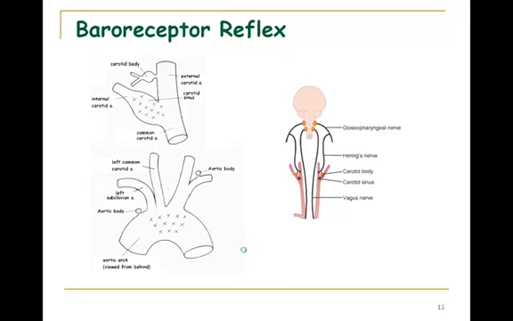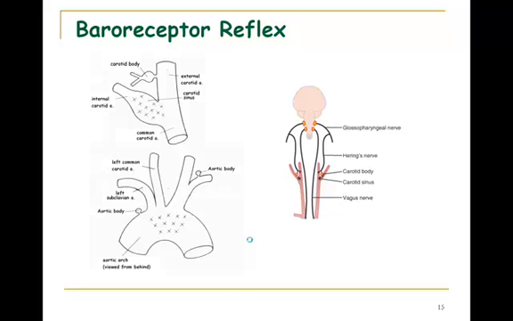Now, the baroreceptors are a type of mechanoreceptor whose job is to respond to changes in blood pressure. Changes in blood pressure cause differences in stretch of these receptors, so they're actually a type of stretch receptor.